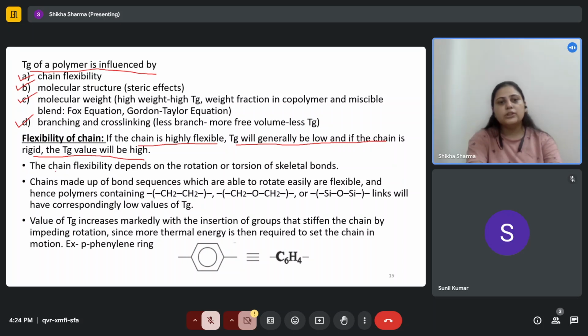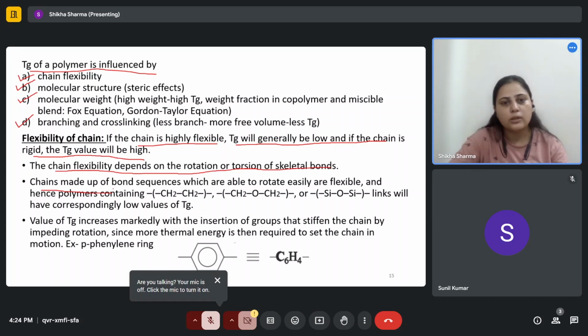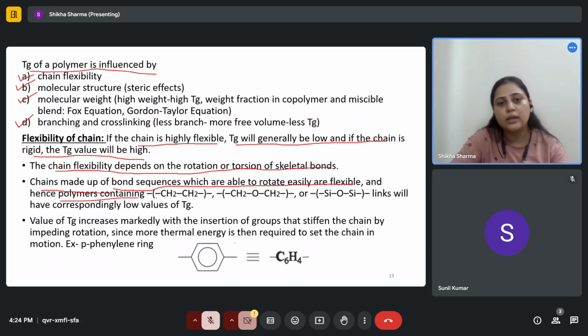Why? Because the chain flexibility all depends on the rotation or the torsion of the skeletal bonds. Chains which are made up of bond sequences that are able to rotate easily are flexible, and hence a polymer containing the CH2 group or the CH2O group or the Si-O-Si linkages will have a low value of the Tg.